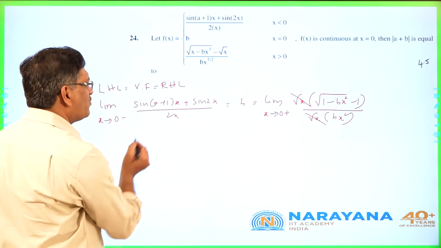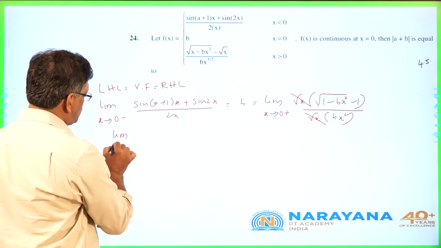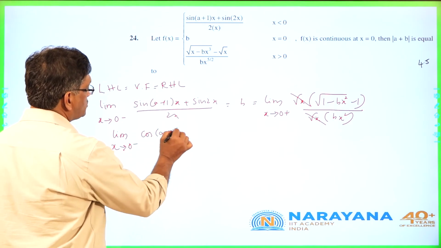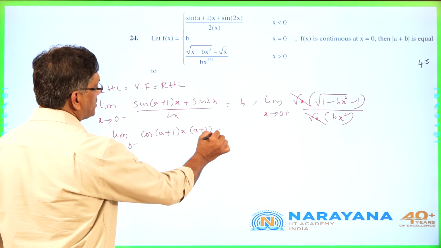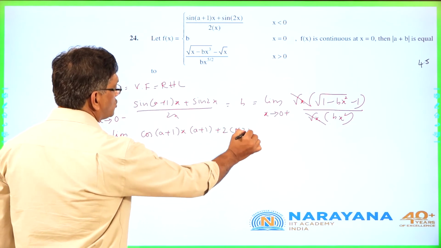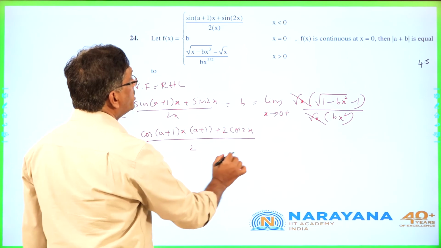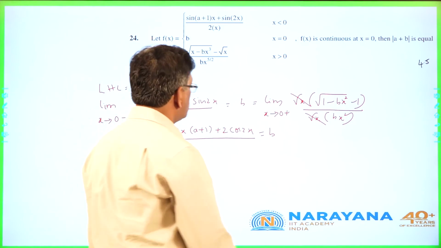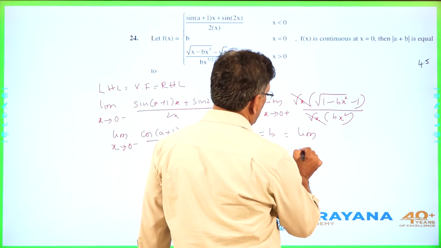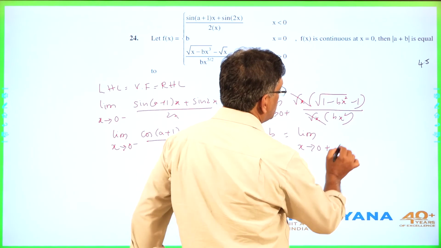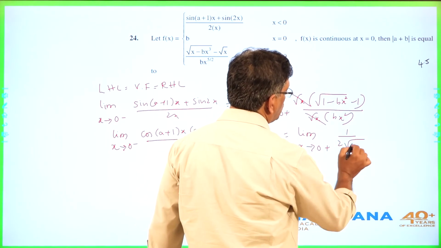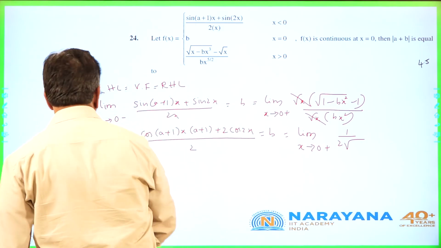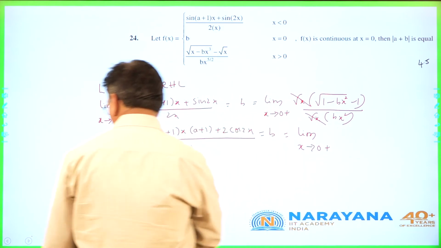Now here, it is 0 by 0 form, just once let us apply L'Hopital rule. Cos (a plus 1)x into (a plus 1) plus 2 cos 2x by 2 is equal to b. Okay, we'll see. Limit x tends to 0 plus root derivative 1 by 2 root of, okay, rather than that I will use expansions, otherwise twice you have to differentiate.